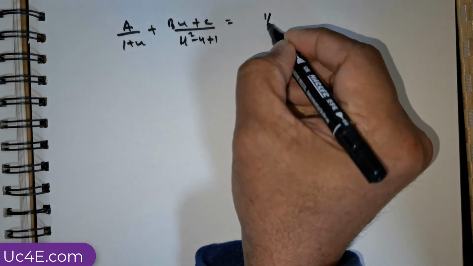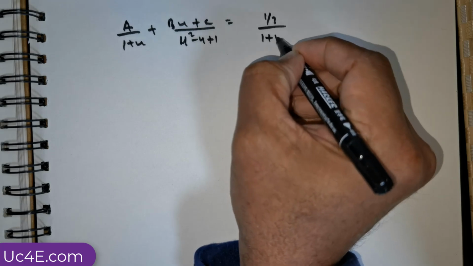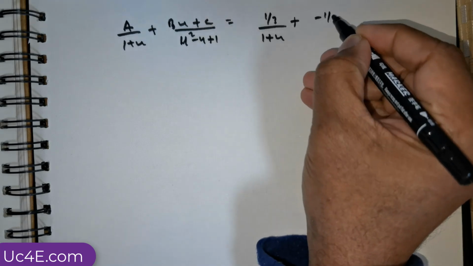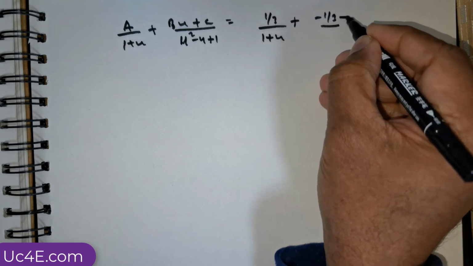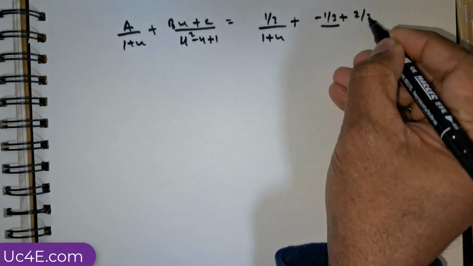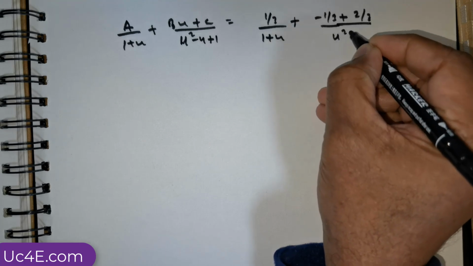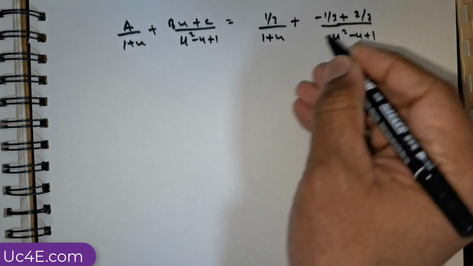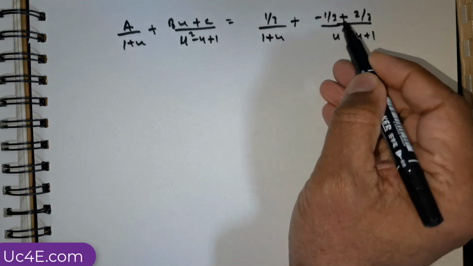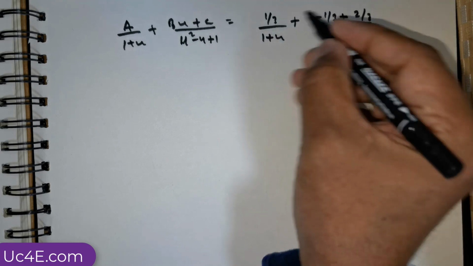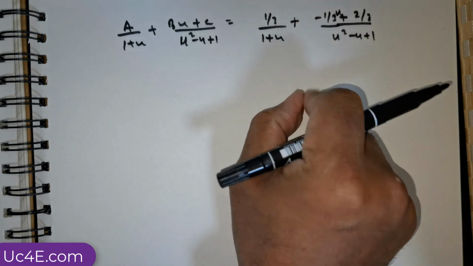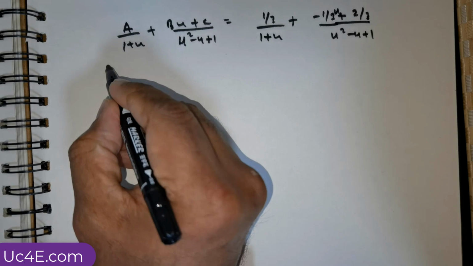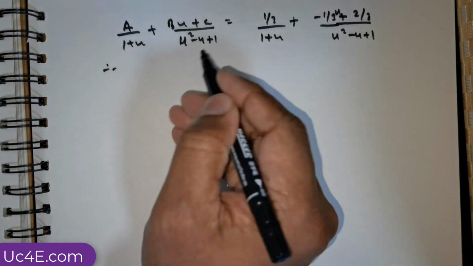So I substitute 1 over 3 divided by 1 plus u, and b is negative 1 over 3, plus c is 2 over 3 divided by u squared minus u plus 1. Of course there is a u there, I need to place the u there. Now what I wish to do is get the integration, right?